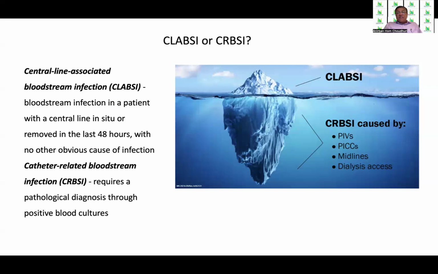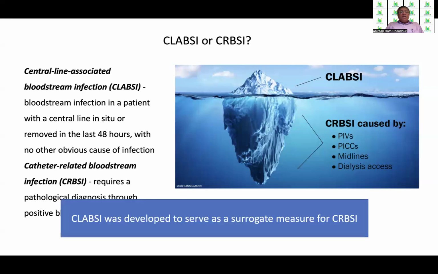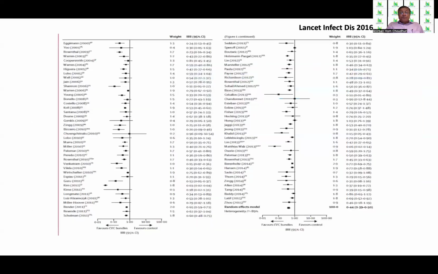As you can see, CRBSI can be caused by PICCs, midlines, dialysis access, so many causes where positive blood culture may not be revealed. Therefore, CLABSI was developed to serve as a surrogate measure for CRBSI, although the causes of CRBSI are much more and its impact on healthcare is much more immense than CLABSI.